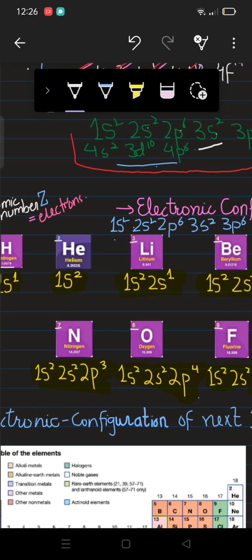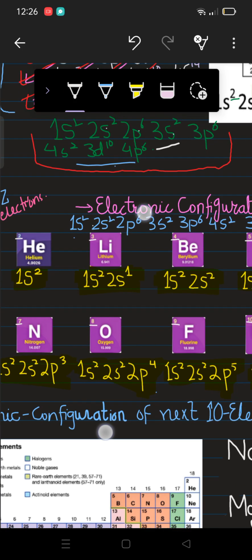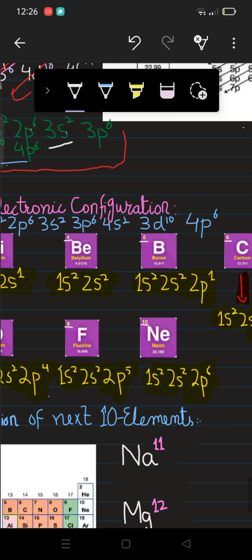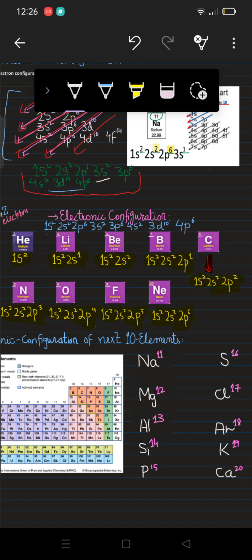Then nitrogen 1s2 2s2 2p3, oxygen 1s2 2s2 2p4, fluorine 1s2 2s2 2p5, and neon 1s2 2s2 2p6.